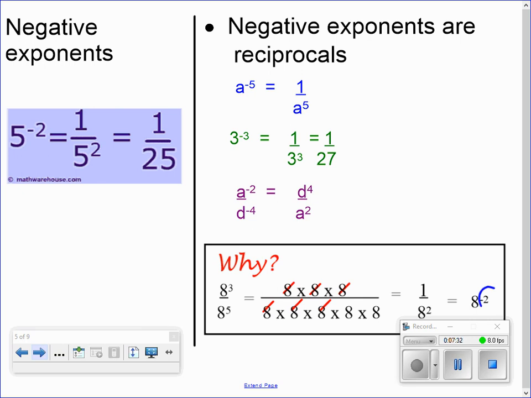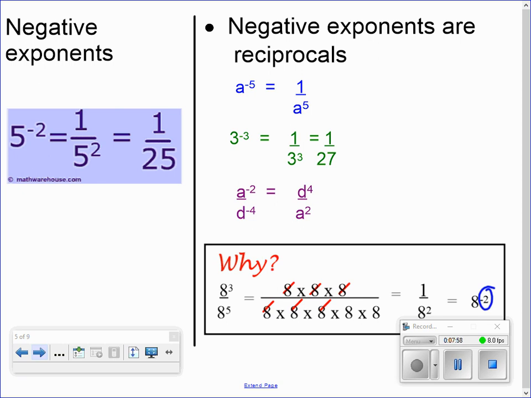So we end up with 8 to the power of negative 2. Now, that's great. However, it doesn't really tell me a whole lot just yet. So let's go back and think about when we broke this up into expanded form. When we break it up into expanded form, 8 cubed would be 3 eights being multiplied together. 8 to the 5th power would be 5 eights being multiplied together.